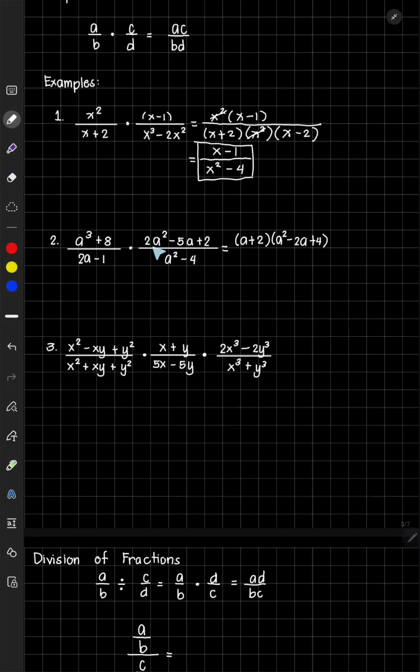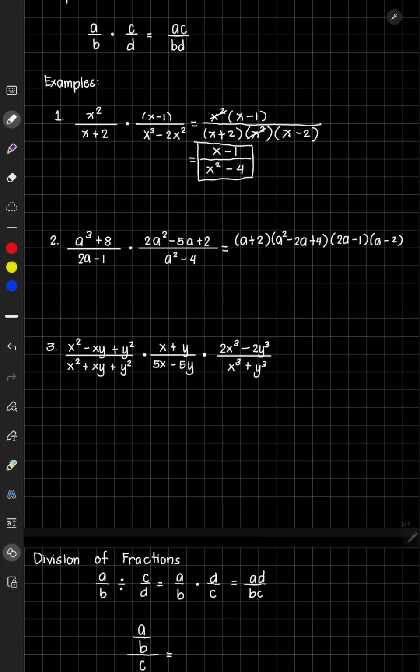while for this one, 2a squared minus 5a plus 2, that can be 2a minus 1 times a minus 2.